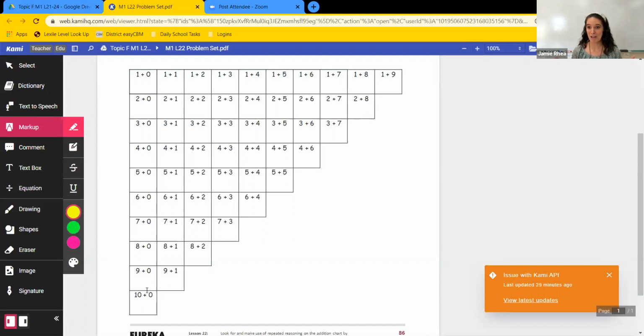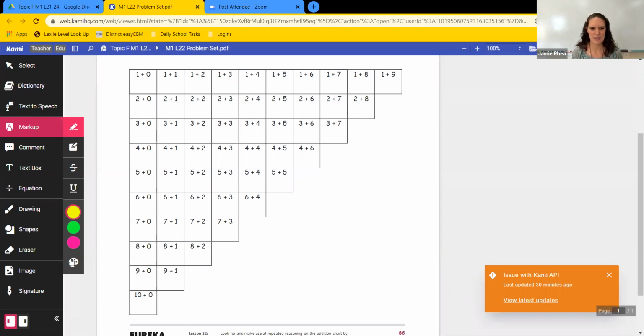If you said they all had 0, you would be correct. So what's different about them? They each have a different number. They all go up by 1 every time. So look here, I have 1, 2, 3, 4, 5, 6, 7, 8, 9, 10. They all go up each time.